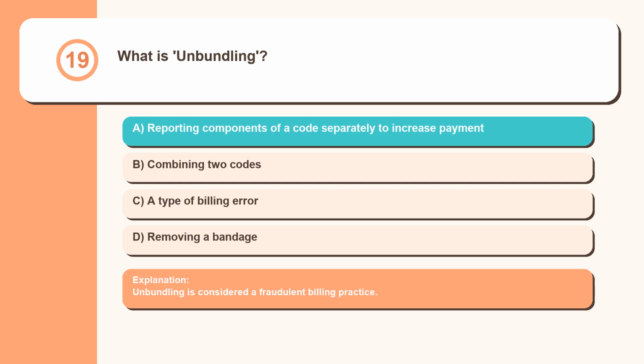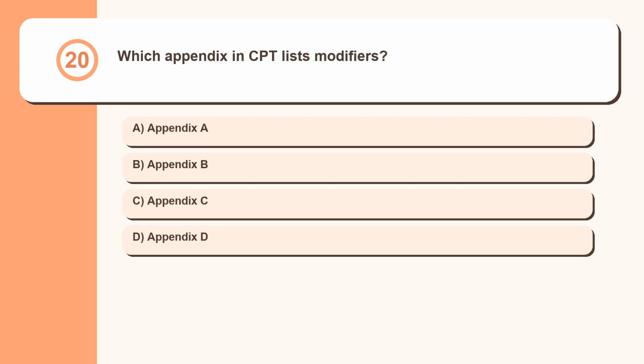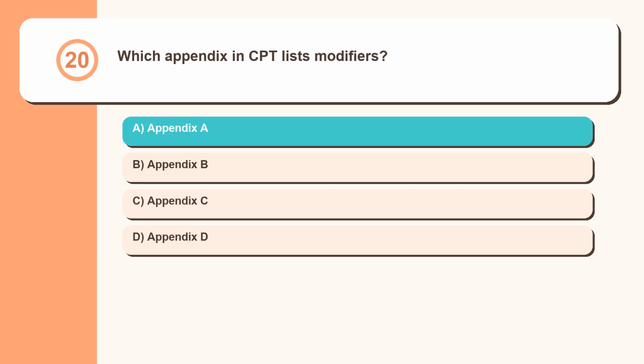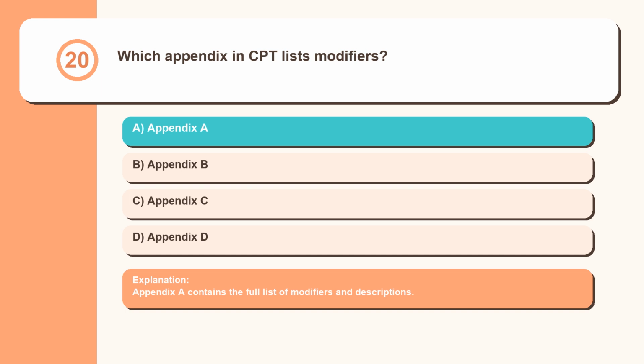Unbundling is considered a fraudulent billing practice. Question 20. Which appendix in CPT lists modifiers? Appendix A, Appendix B, Appendix C, Appendix D. Appendix A contains the full list of modifiers and descriptions.